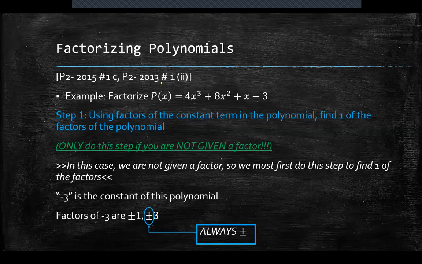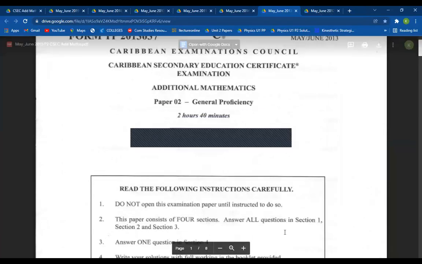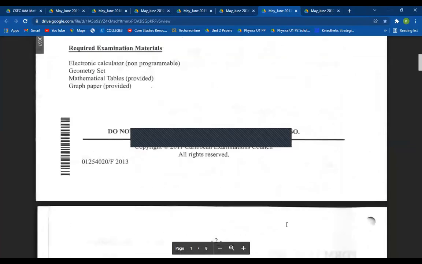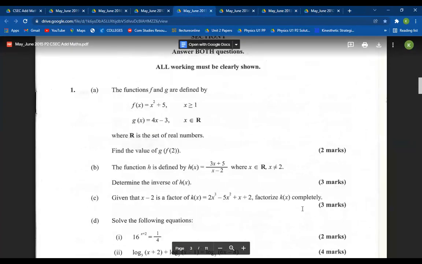Okay. This is the second paper we're going to do. 2013, number 1, part 2. See, completely factorize.